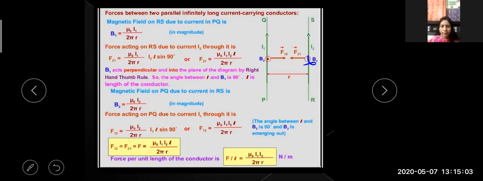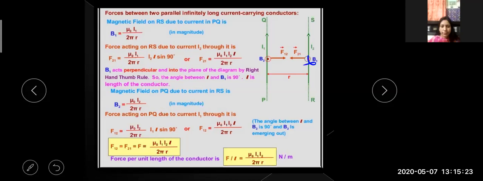So according to the right hand screw rule, the direction of this magnetic field will be perpendicular to the plane of the paper, that is directly inward, right?